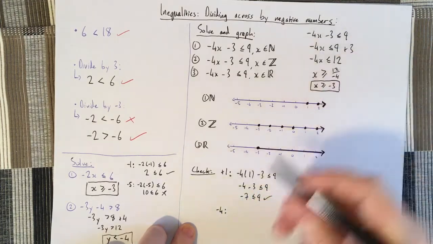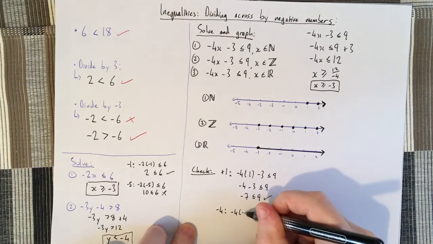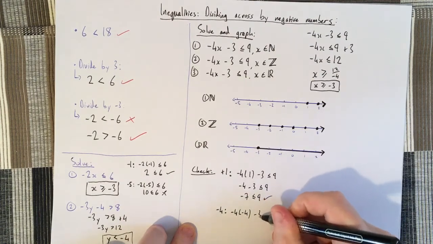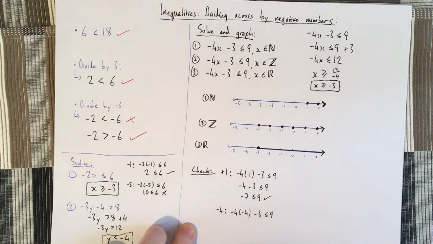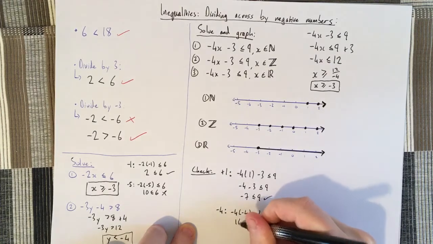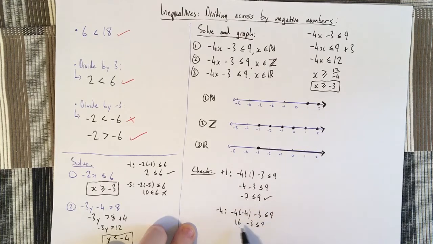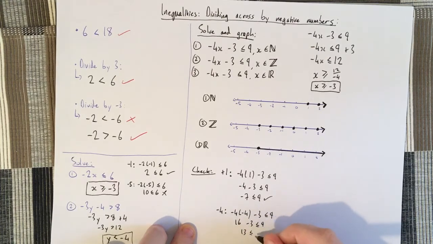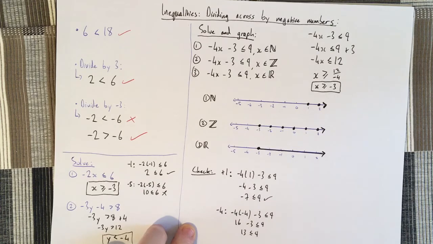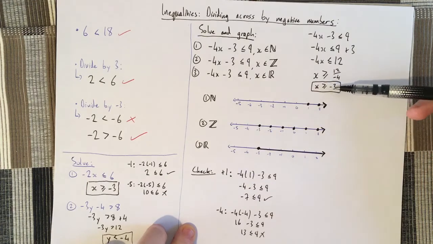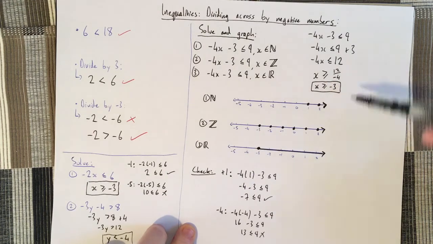So -4 times -4, -3 is less than or equal to 9. -4 times -4 is 16. 16 minus 3 is 13. Is 13 less than or equal to 9? No, it's not, but that's what I'd expect, because the number I subbed in was not greater than or equal to -3. So I would expect it to not work with the original one.